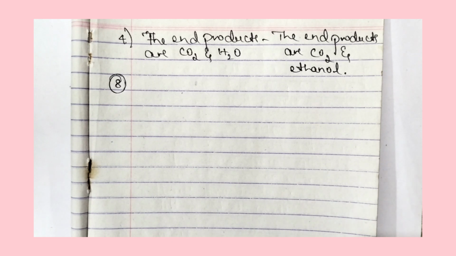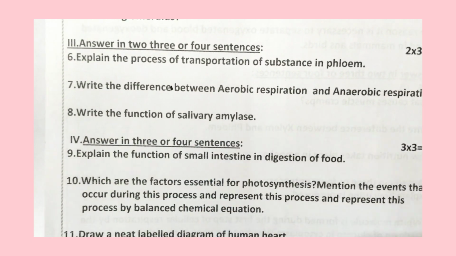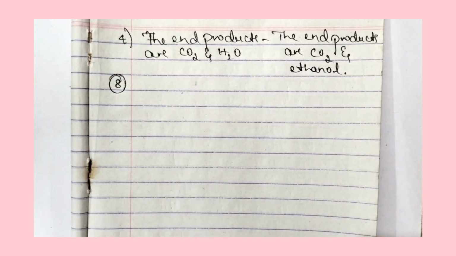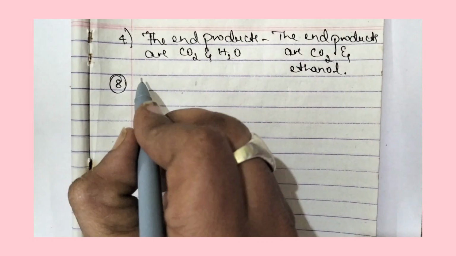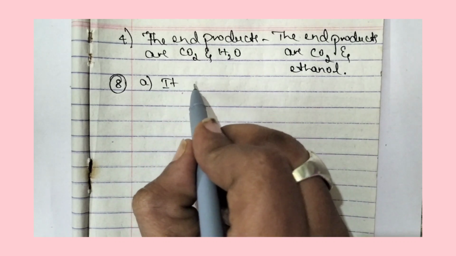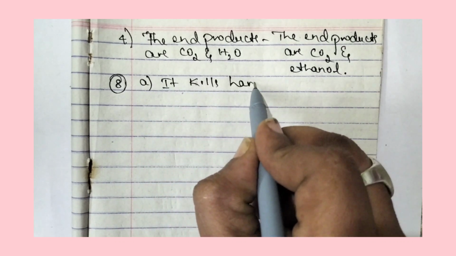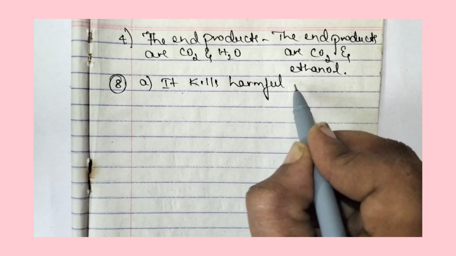Now let us move to question number 9. Sorry, question number 8. In question number 8 they have given: write the function of salivary amylase. So let us write the function of salivary amylase. The first function is that it kills harmful microorganisms.